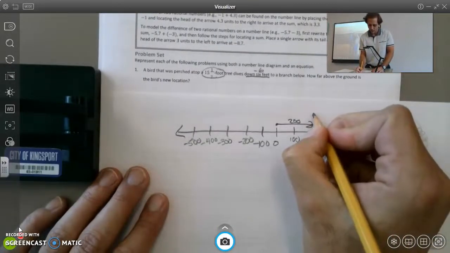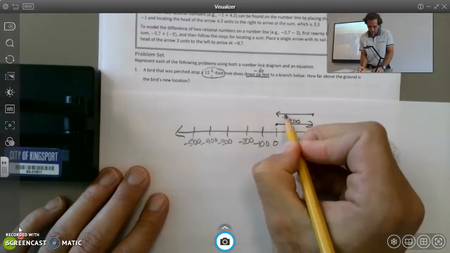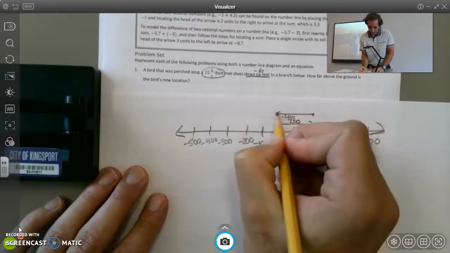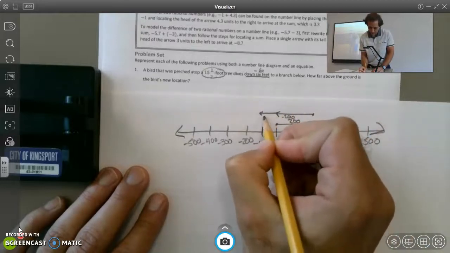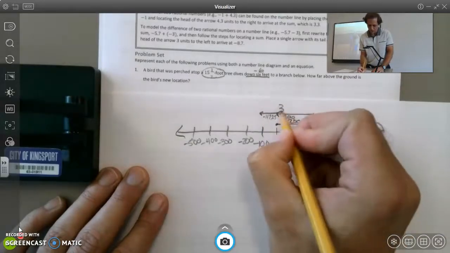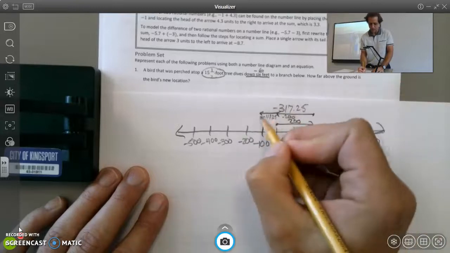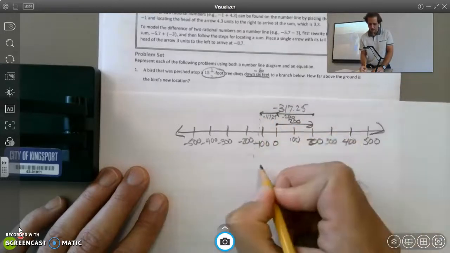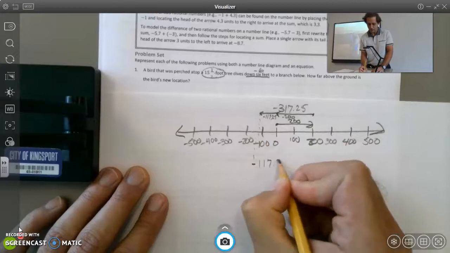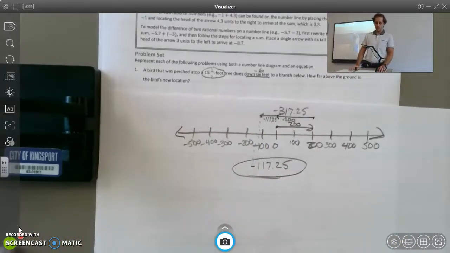So if we go 200, we get back to 0, which means I have another $117.25 left to travel there, which means his value is going to be at negative $117.25. He's overdrawn in his checking account. He's in trouble.